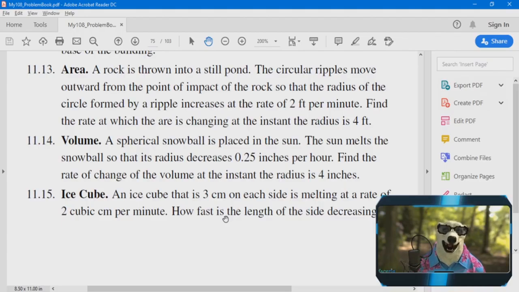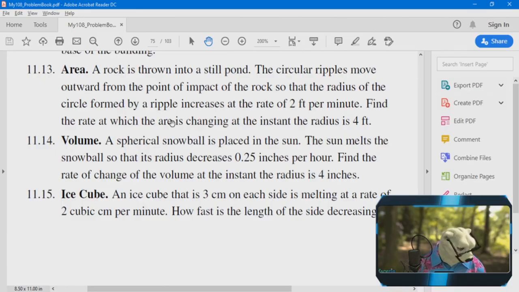Now we have to find the rate at which the area, there's an A missing right there, of course, at which the area is changing. Of course, as the radius of the circle changes, its area is going to change as well. But exactly how? At some moment where the radius is 4 feet.